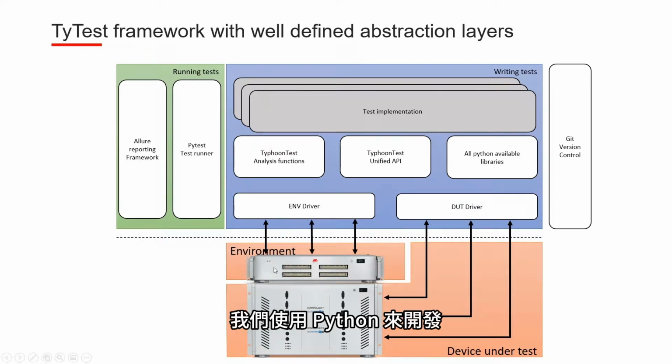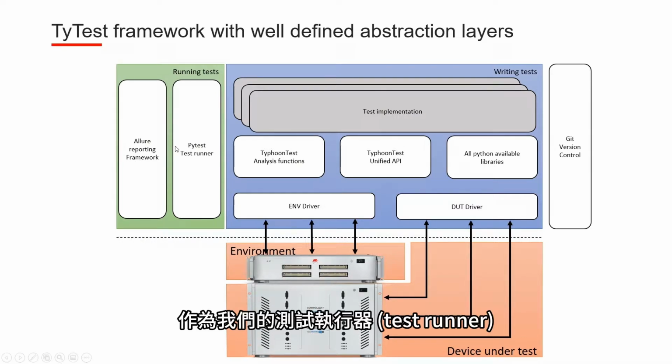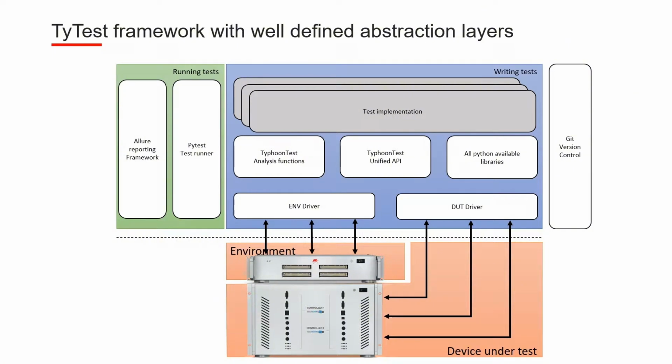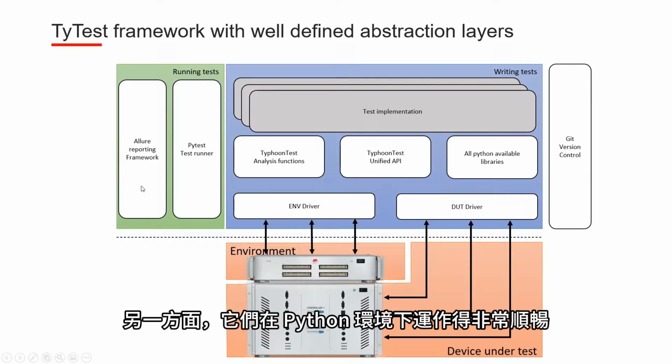We use Python to develop our API to control the HIL, and that's why we chose PyTest as our test runner for the test automation solution, and for showing the results we are using the Allure report because it's well integrated with PyTest and they work very well in Python.